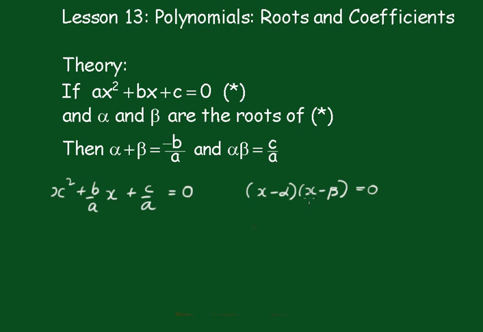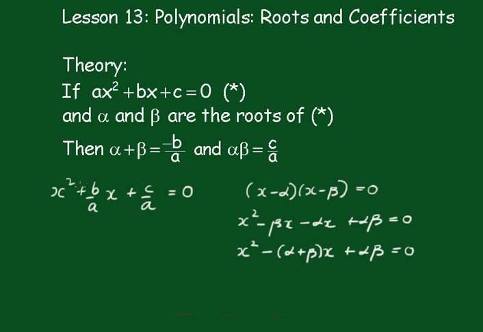Now removing those brackets, we get x squared minus beta x minus alpha x plus alpha beta equals 0. Now taking out the x, the common factor here, and the negative sign, we get x squared minus (alpha plus beta) x plus alpha beta.